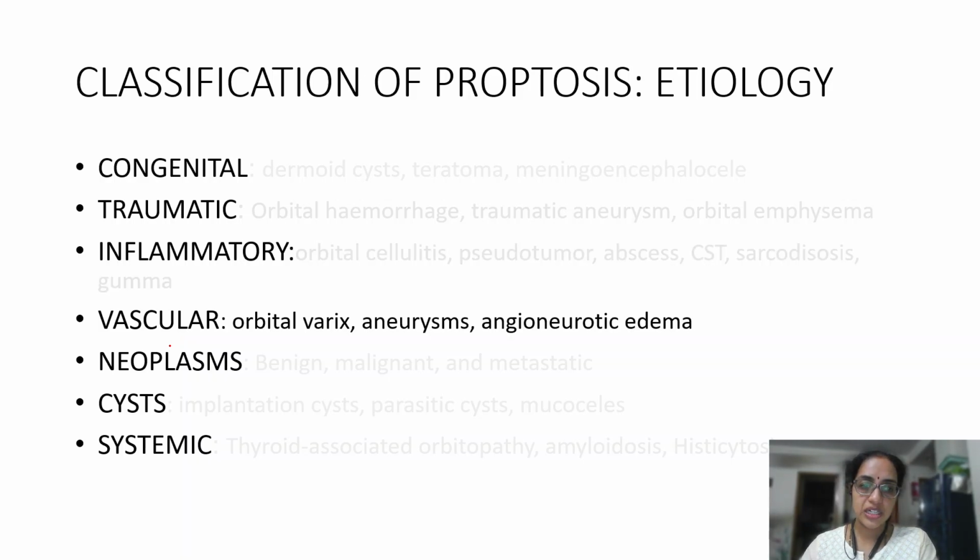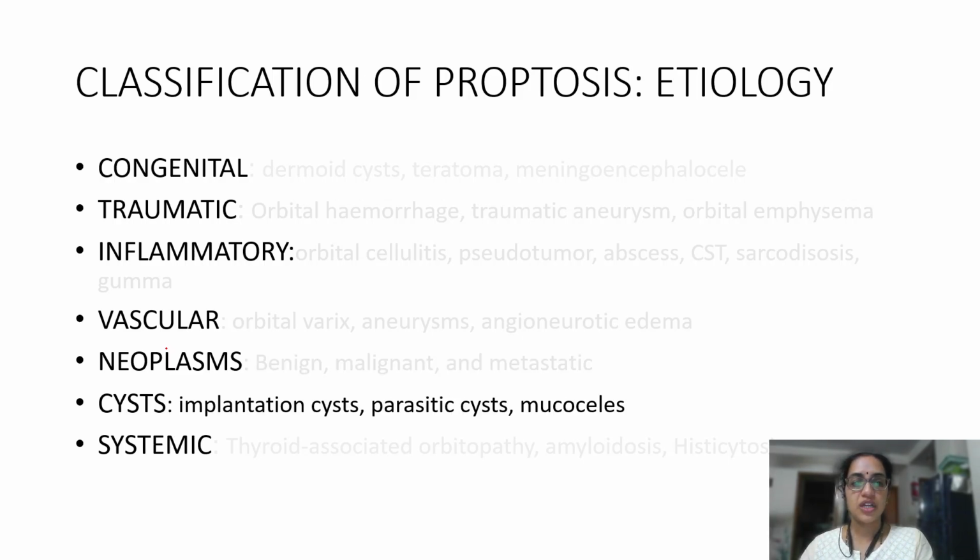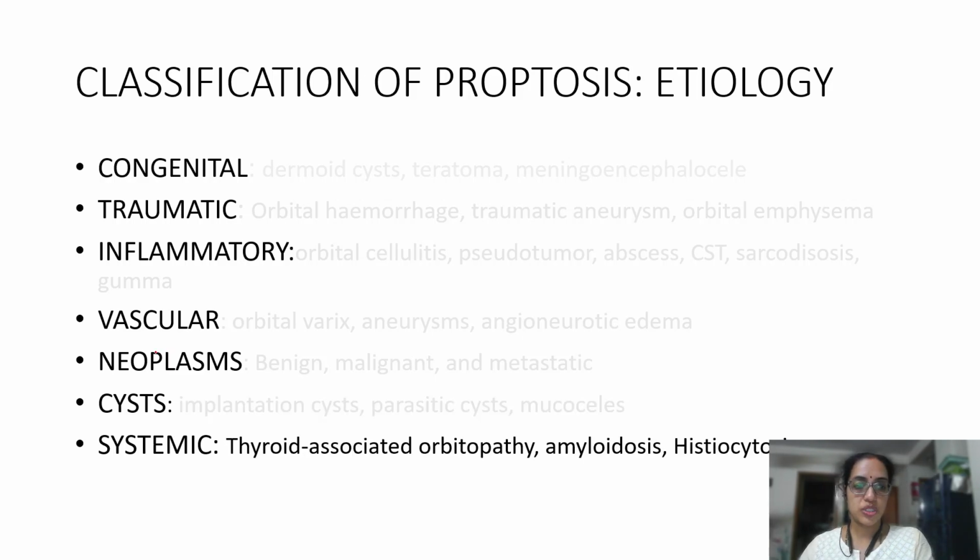Vascular causes include orbital varix, aneurysms, and rarely angioneurotic edema. Neoplasms include benign and malignant and metastatic neoplasms. Then acquired cysts include parasitic cysts, more commonly in our belt here, implantation cysts and mucoceles.